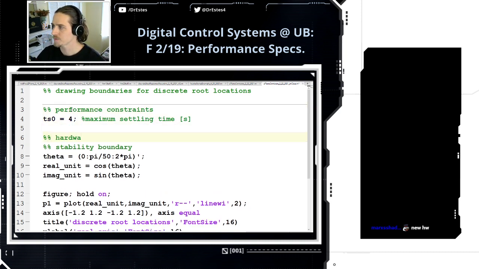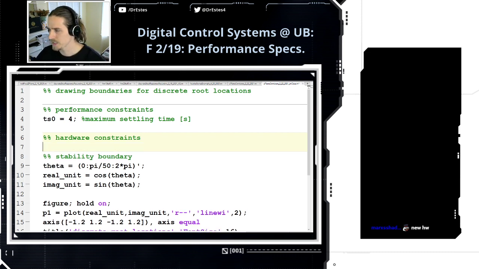We're also going to have some hardware constraints, and basically all I mean here is our sampling time. So let's make something up. Let's say that our sampling frequency is really slow, like 5 samples per second. So this is our sampling frequency in hertz, cycles per second.